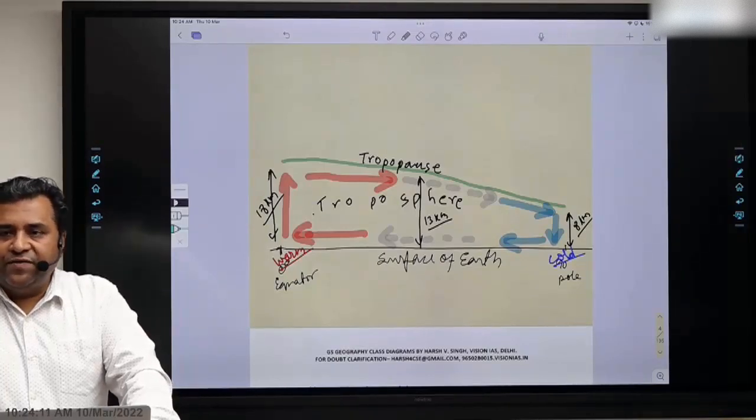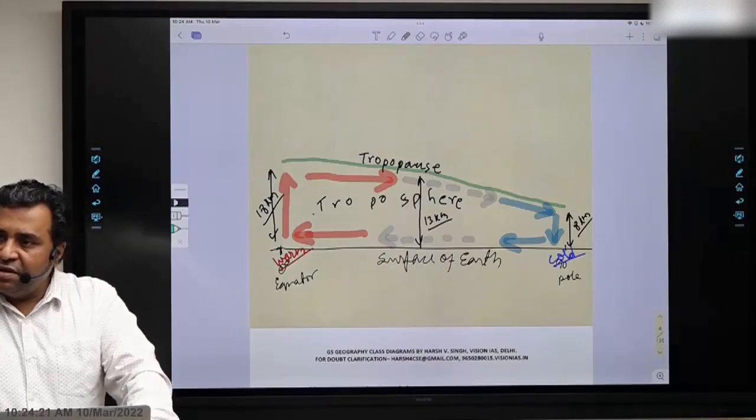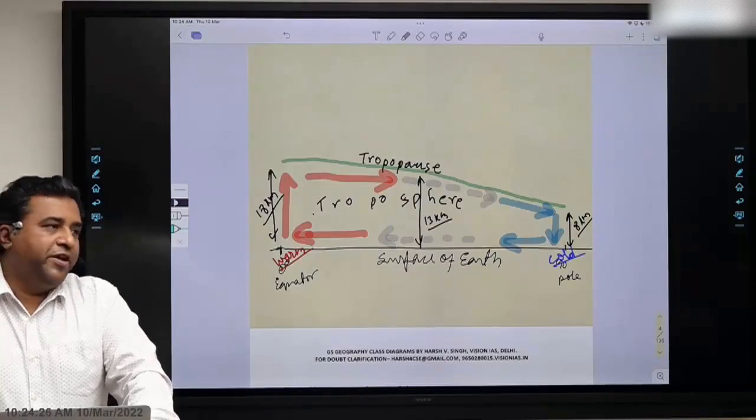Right? Now if that is the case and evaporation was a process by which water was getting added into the atmosphere, so we can also say almost all the water vapor and dust particles should also be found only in this region.